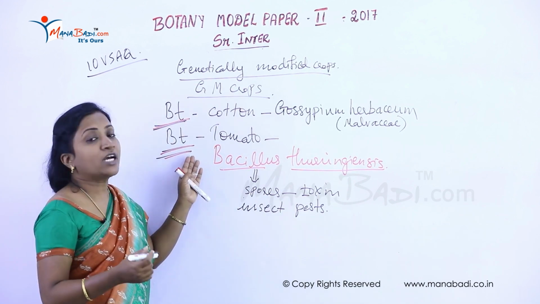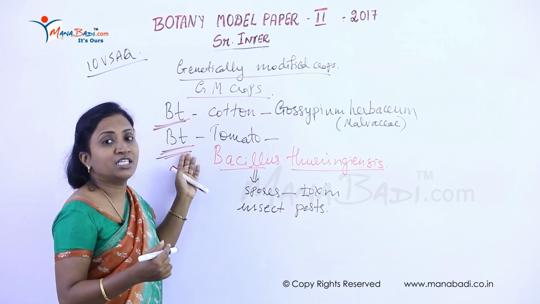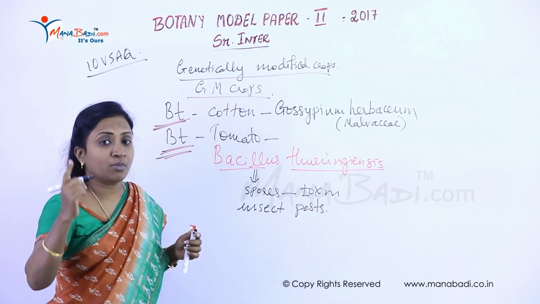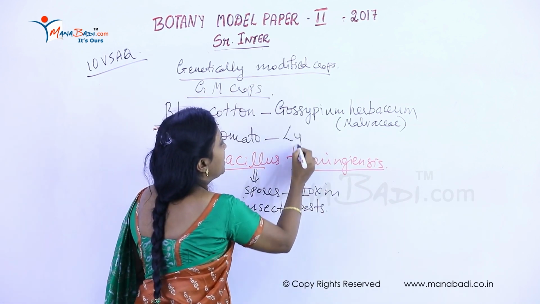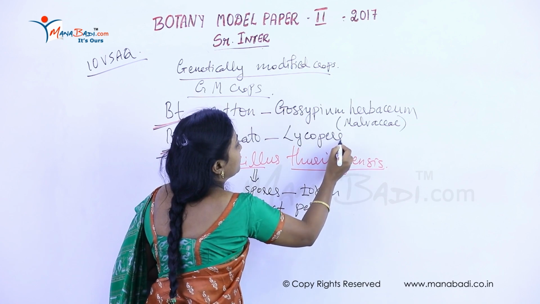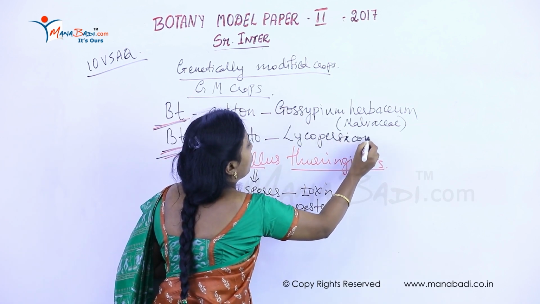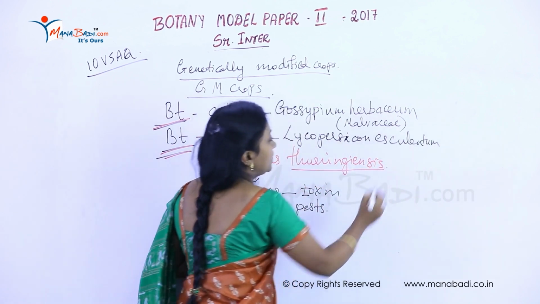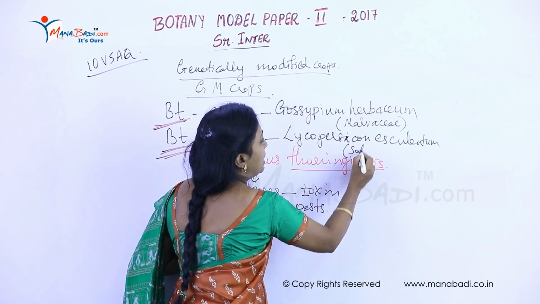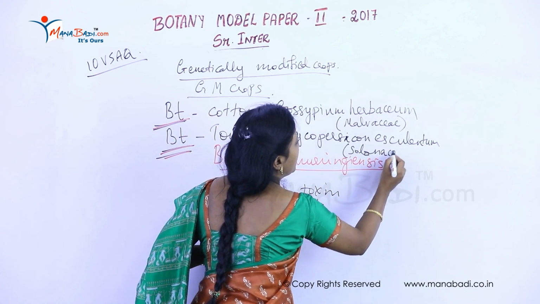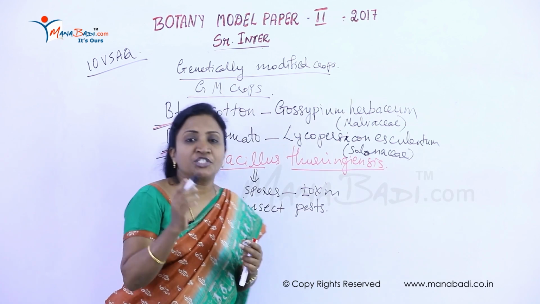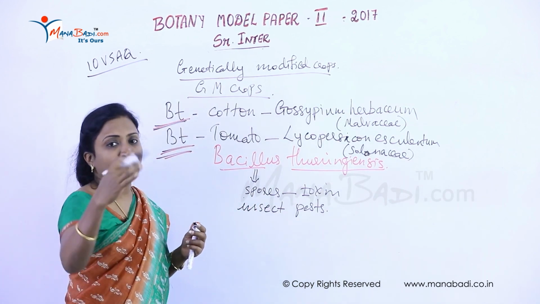Now coming to the other example, that is BT tomato. The botanical name of tomato is Lycopersicon esculentum, belonging to the family Solanaceae, which you have studied during your junior intern.